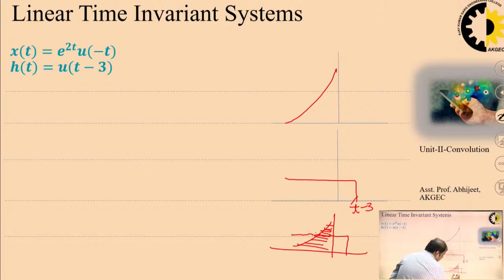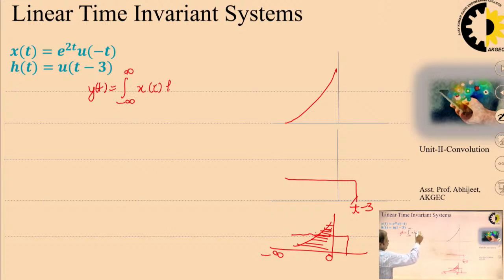So which means to say it will start at 0 and move towards minus infinity. So if I evaluate now y of t which is minus infinity to plus infinity x of tau h of t minus tau d tau, then in that case I can surely write that it is from minus infinity to 0 only.